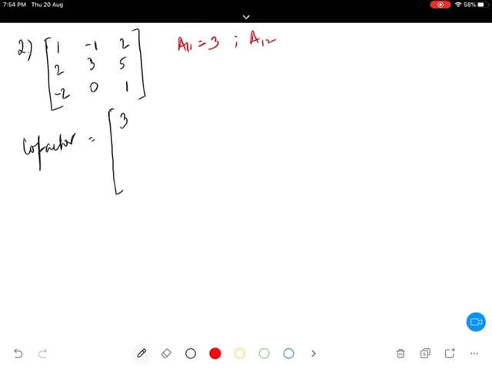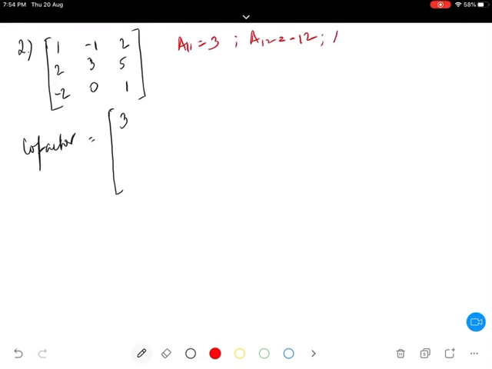A12 is 2 minus 2 plus 10, that is 12, that is minus 12. Yes or no?